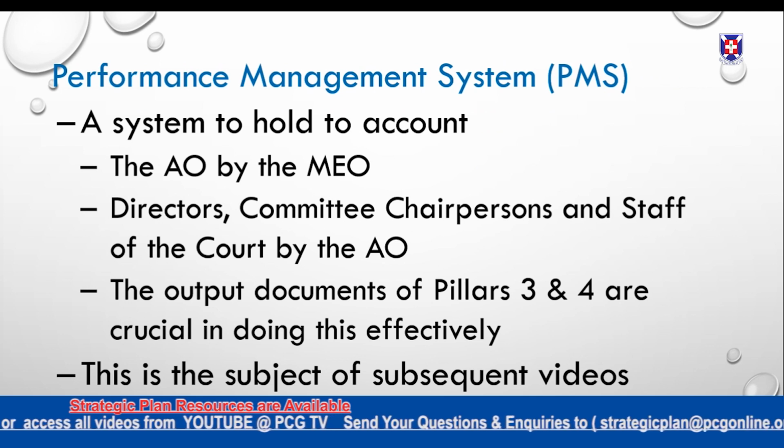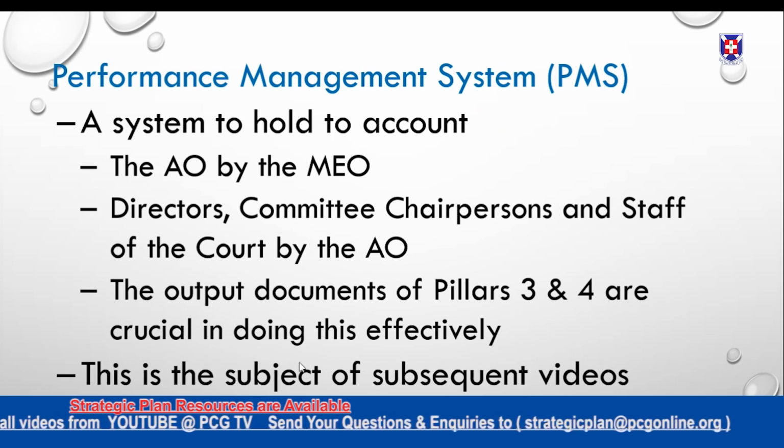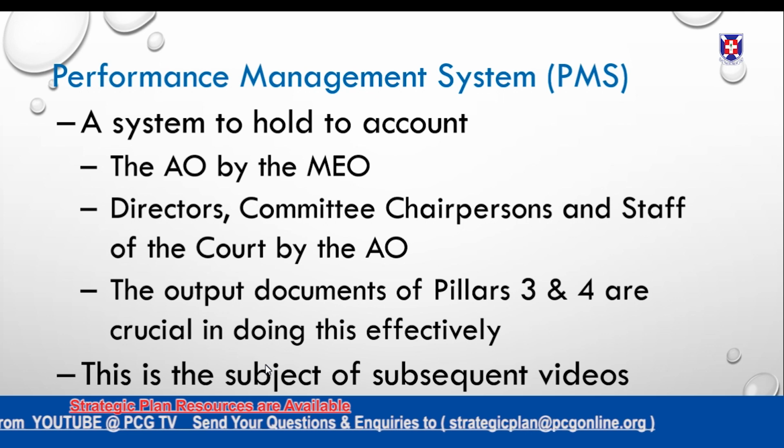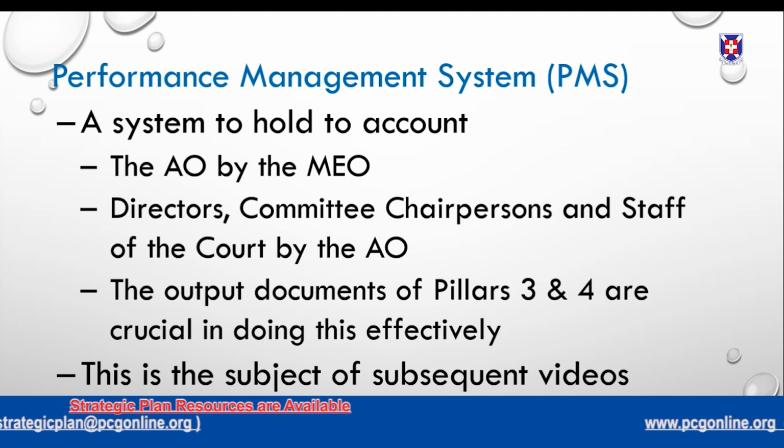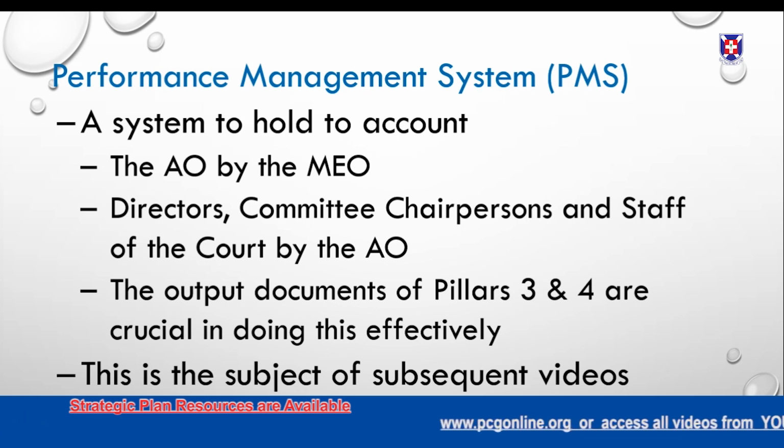Now, the next element of the accountability system is the performance management system. This is a system that is put in place to help with the relationship between the AO and its MEO. So when the AO relates with the MEO, it's using the performance management system approach.